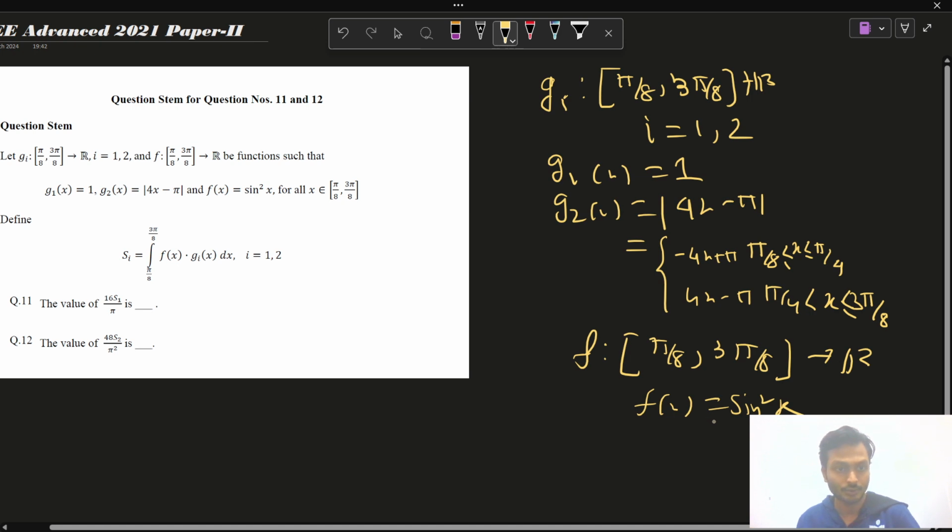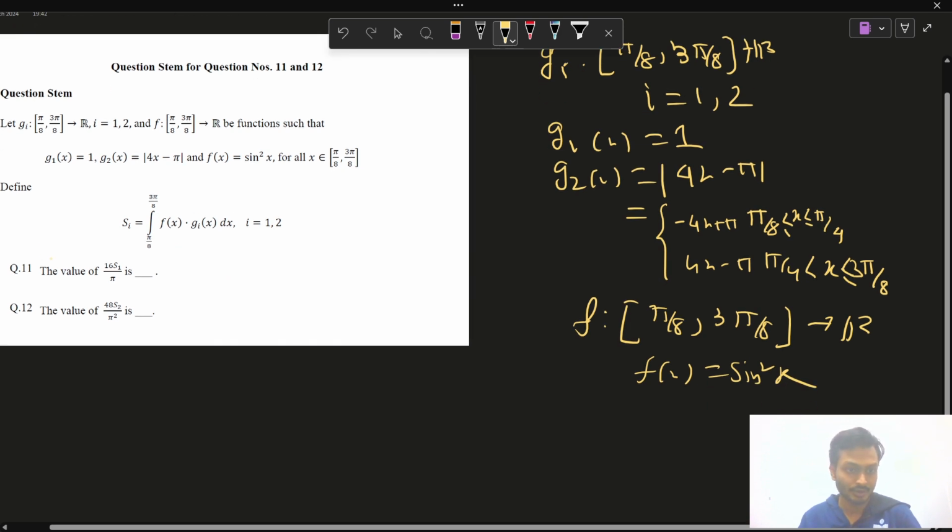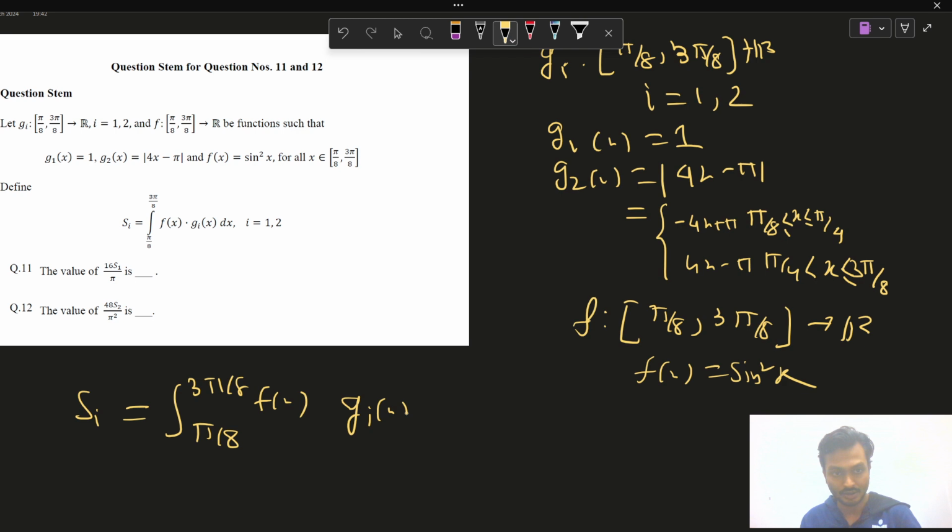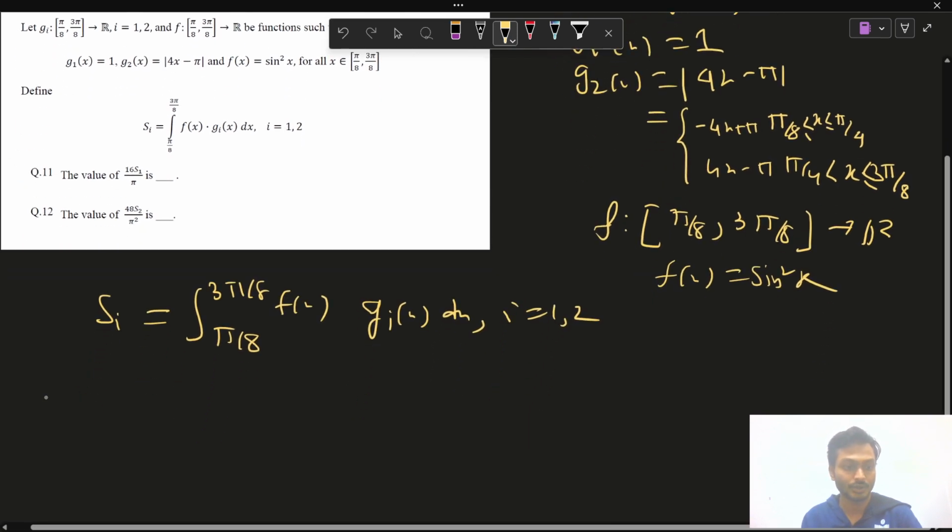Now we have to find 16 S1 by pi, where S_i is the integral from pi by 8 to 3 pi by 8 of f(x) into g_i(x) dx, for i equals 1, 2. For the first question, we need S1.